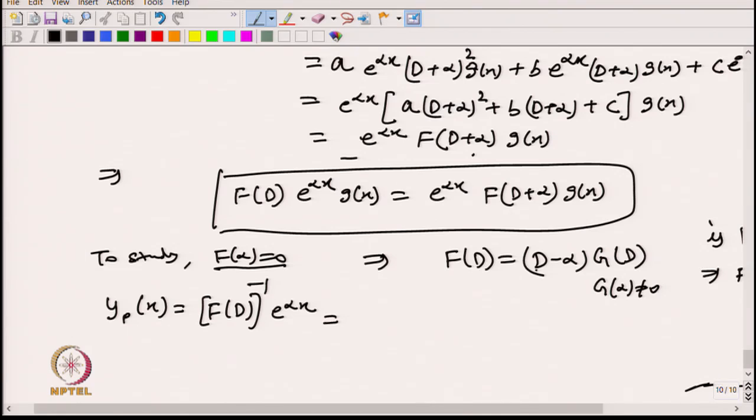Now, my f(D) will be this one. Suppose I take the case that f(alpha) is 0 and f'(alpha) is not equal to 0. So, let this be the case. In this case I will take (D minus alpha) g(D) and take the inverse operating on e raised to power alpha x. So, this is the inverse.